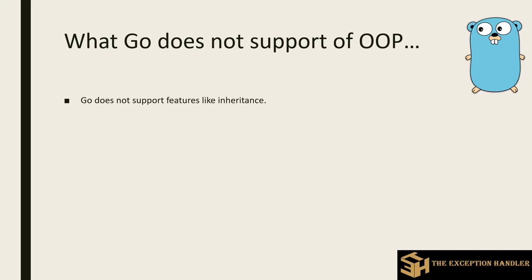Those two functions are there, and you also have a class called dog, which is a subclass of animal. So dog can have its own speak and name methods, and it might be inheriting them from there and not having them of its own. So this feature is not supported in Go.